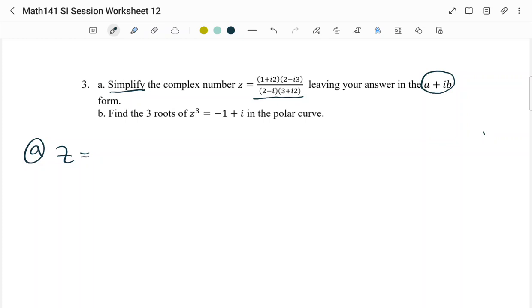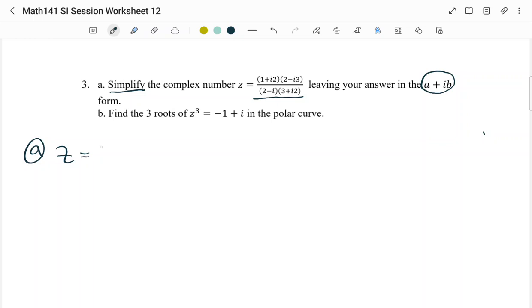When you're dividing complex numbers, try to leave the final answer with no complex numbers in the denominator. In other words, try to multiply by the conjugate so you can eliminate the complex number in the denominator. That's something you should keep at the back of your mind when you're dealing with these problems.